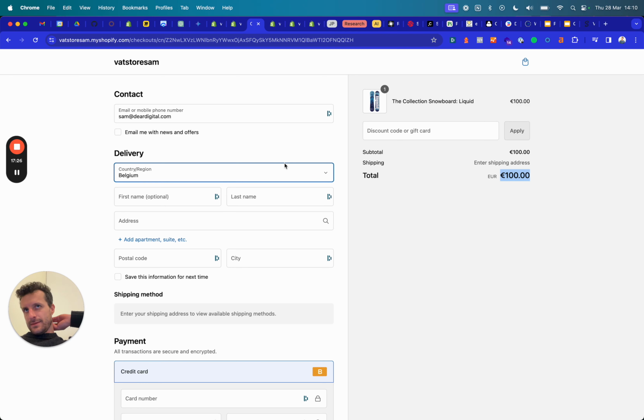There is another way that we can really solve this and have the best of both worlds, but I'm not going to go into too much detail because the negative effect of this is that the prices in the backend of Shopify are added excluding VAT, and thus Google Shopping also shows the prices excluding VAT.